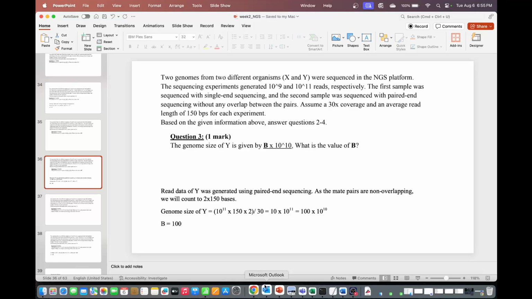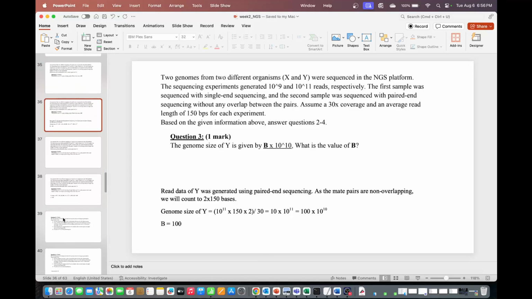Initially this was the doubt in the previous session, which we attended this Saturday. These three questions were very doubtful, so we came up with three answers. Then later in this PPT, it was uploaded that it is 50 into 10 to the power 11 or something like that.